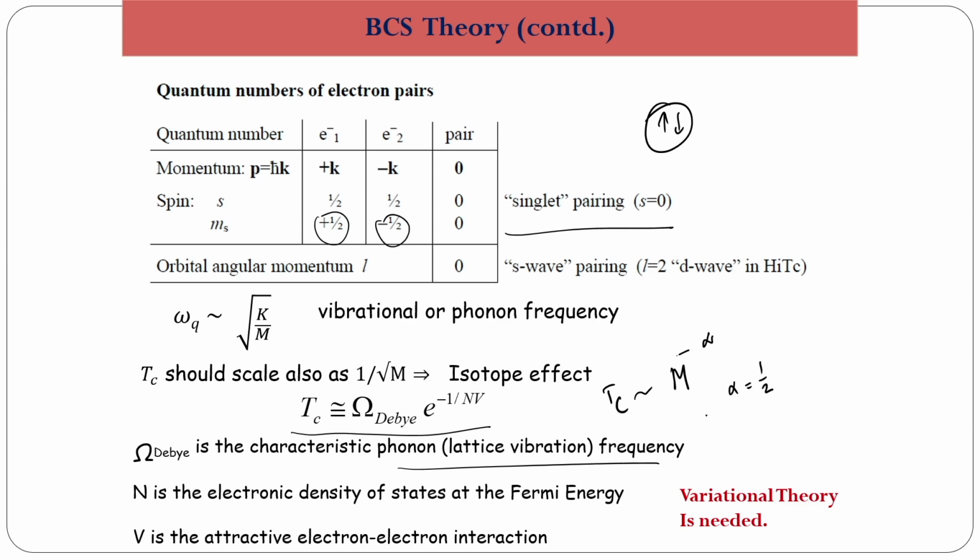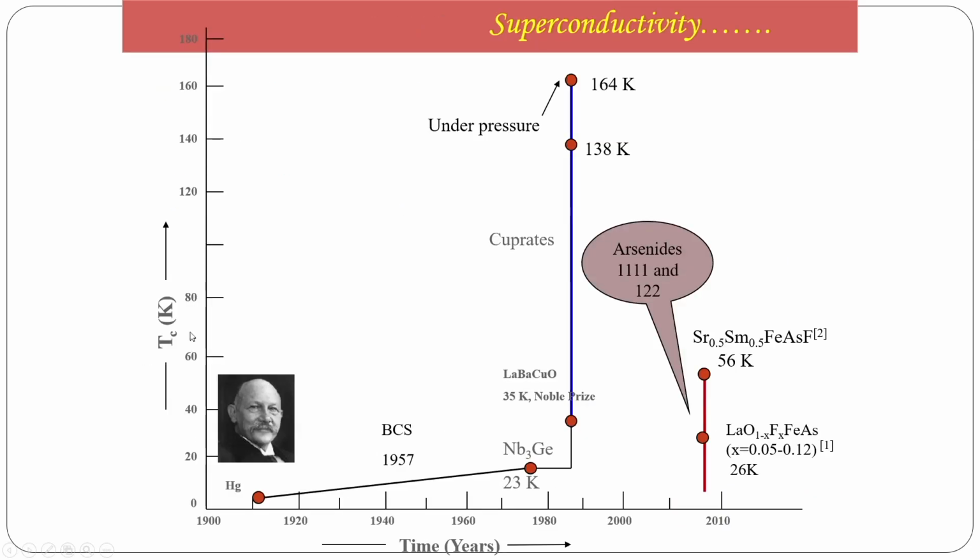Okay, so alpha is half, means it is 1 by root over m, and this is also the dependence of the angular frequencies on the ionic masses, as you can see, it is 1 by root over m. So, the phonons must be playing an important role, which is what Cooper had understood.